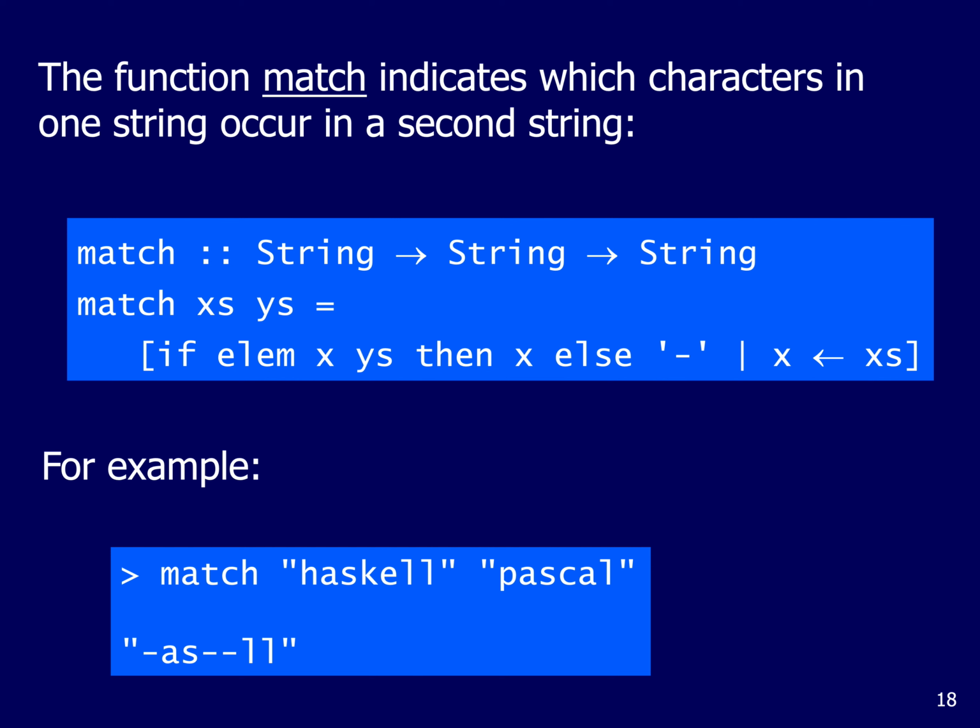Here I'm matching the string Haskell against the string Pascal, and what's happening in the output is for each of the characters in the first string, we're going to think, does it appear anywhere at all in the second string? If it does, then we'll output the character, and if it does not, we'll output a little minus sign. So this is one possible way to do some kind of approximate matching between two strings.